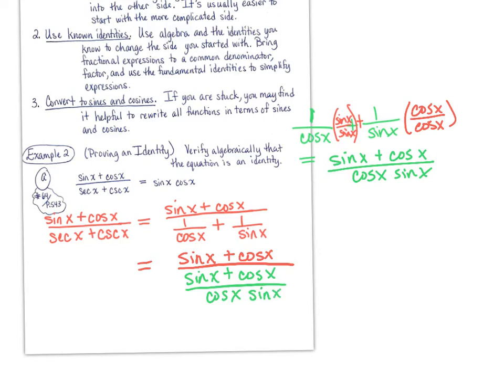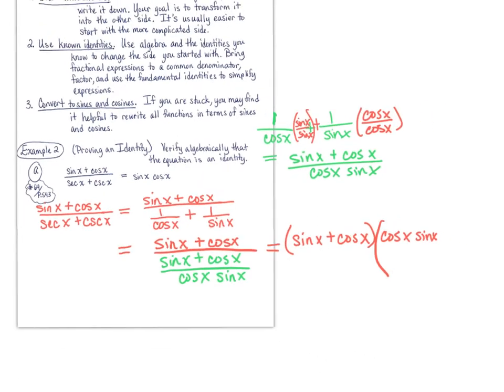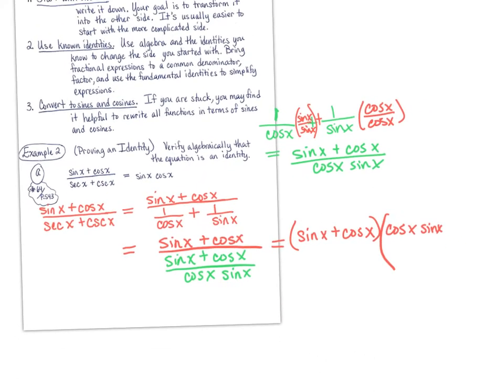So dividing by that is the same thing as multiplying by what? Reciprocal. Good. So you have sine x plus cosine x times cosine x sine x divided by sine of x plus cosine of x.